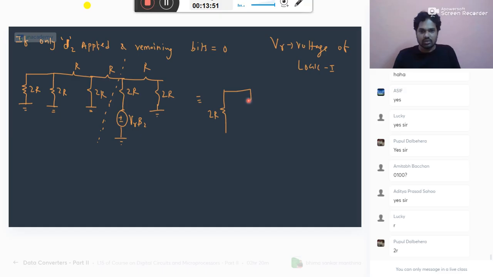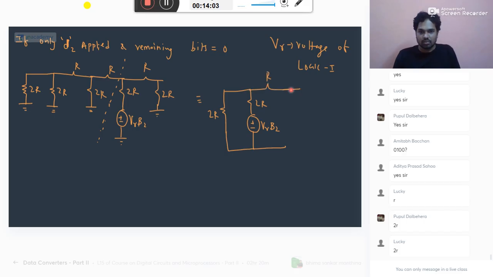And here it is 2R and VR B2, that is only B2 is applied, parallel with series with R and parallel with 2R. This is the voltage you need.